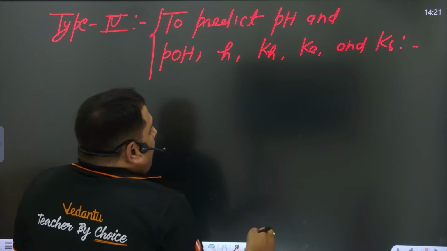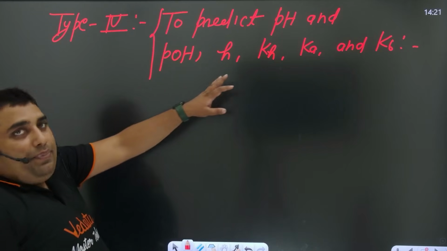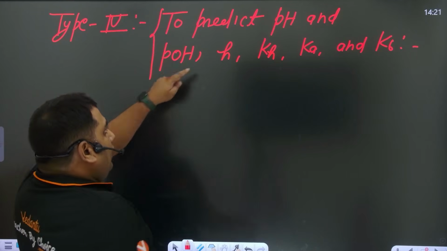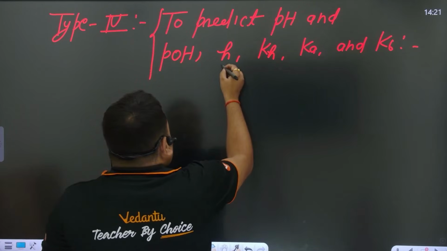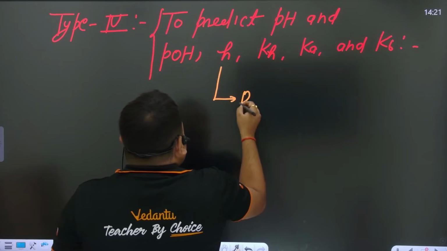Right? So to predict the value of pH, pOH, or h, where h is what? h is the degree of hydrolysis. Now we have to tell you this h is the degree of hydrolysis.